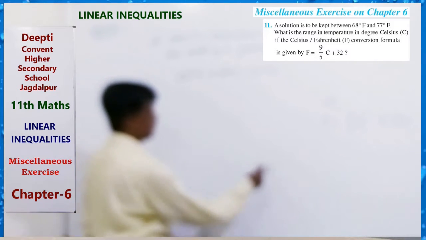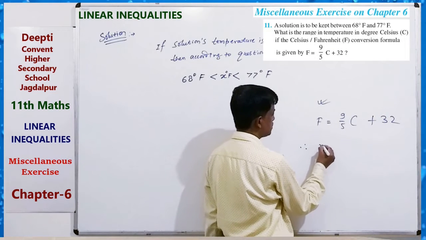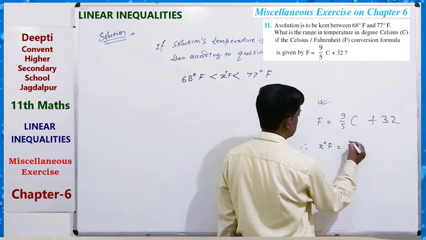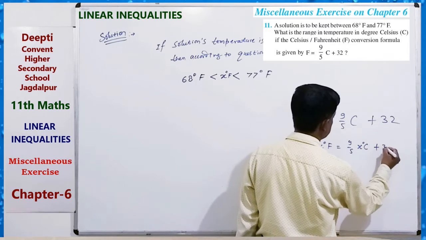So here Fahrenheit degree is equal to this. Therefore, X degree Fahrenheit is equal to 9 by 5 X degree Celsius plus 32.